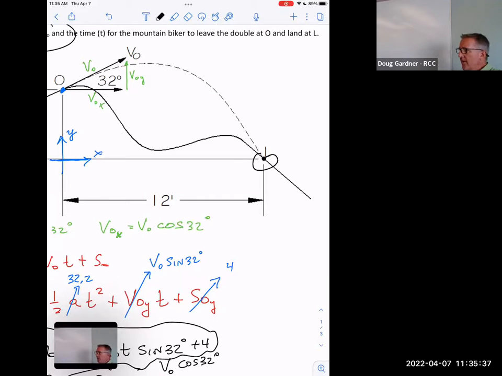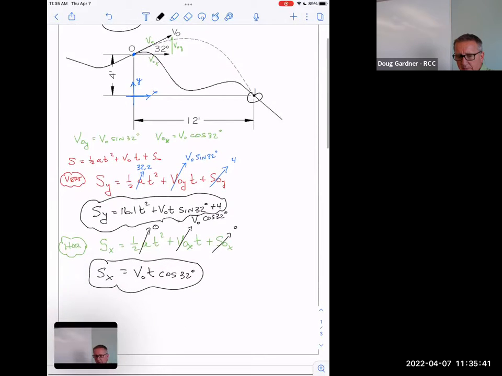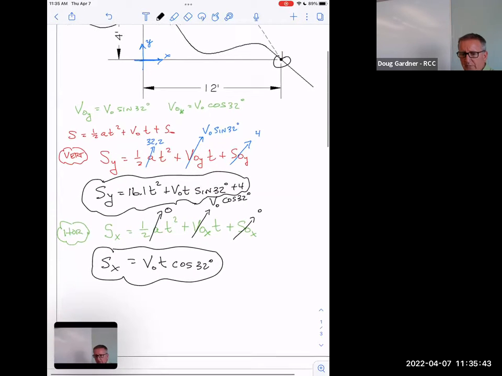Because I know where I'd like to land, and then I'm working backwards to think, what would my initial velocity be? So I don't know, what could I do with this algebraically? So do you agree that those two equations are models for any place you are between takeoff and landing, between O and L?